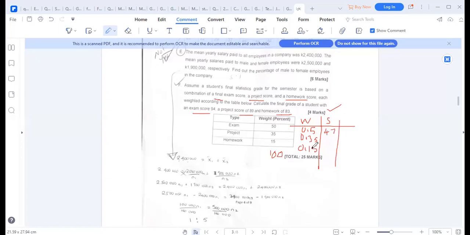Then 0.35 for the project against 89. 0.35 times 89, we get 31.15. Then 0.15 times 83, you get 12.45.